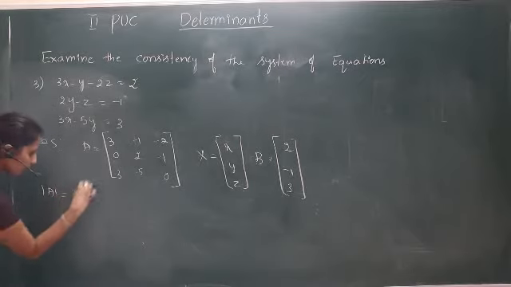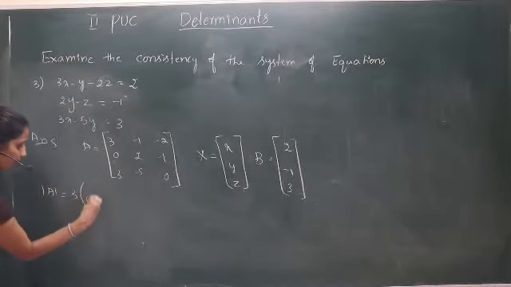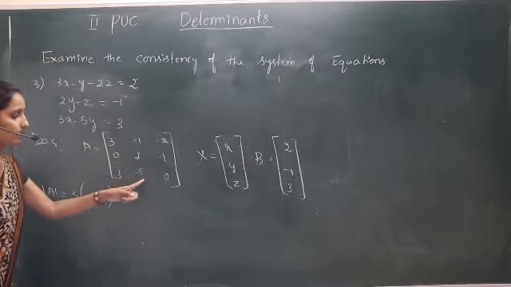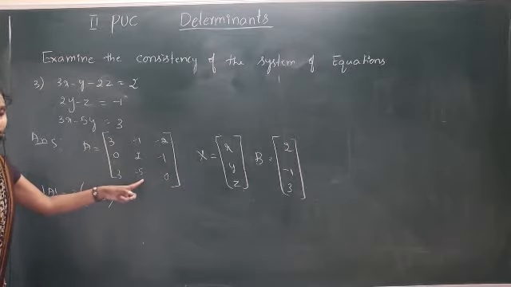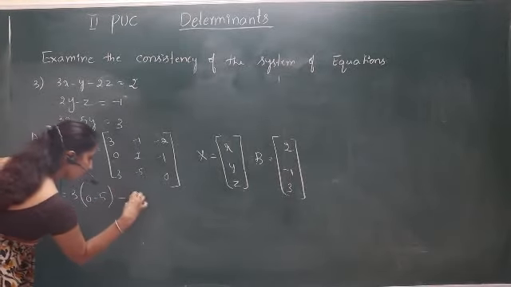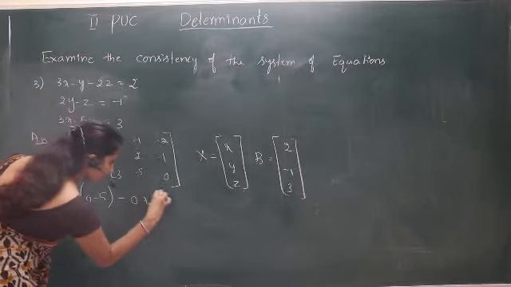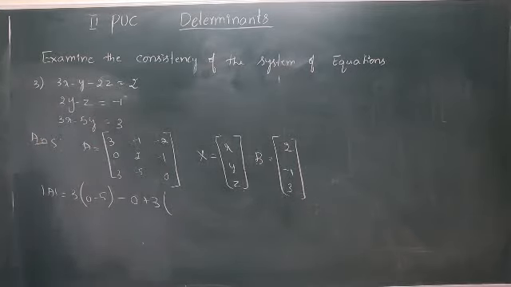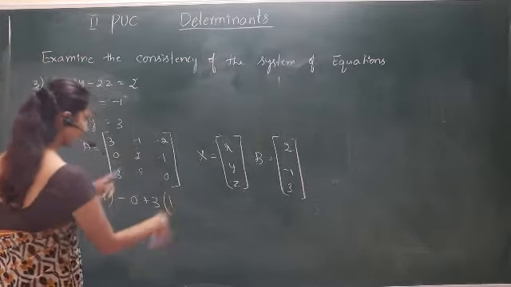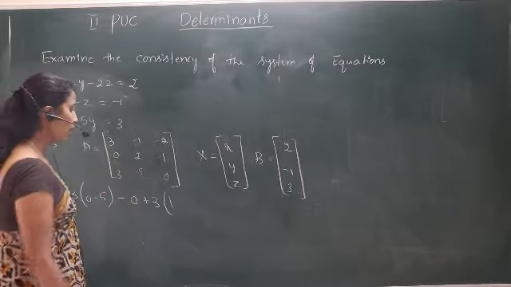So 3 into (0 minus minus 5, which is plus 5), minus 0, then minus 0, no need to multiply those 0 terms, plus 3 into (minus 1 into minus 1 is plus 1, 2 into minus 2 is minus 4, plus 4).